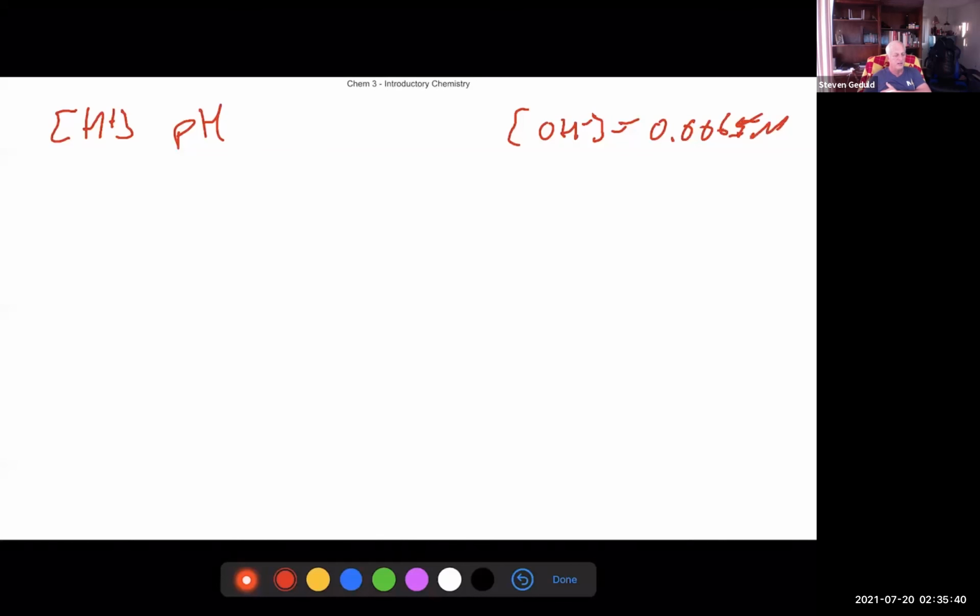So we can calculate the H plus, we can calculate the pH. We know that H plus times OH equals 10 to the minus 14. So we have that equation.